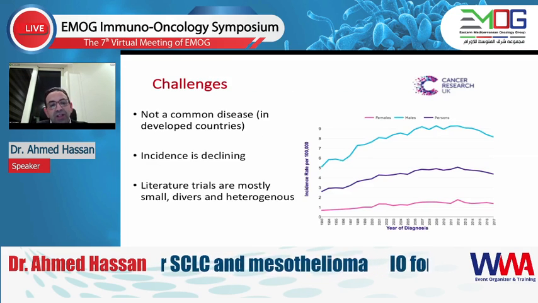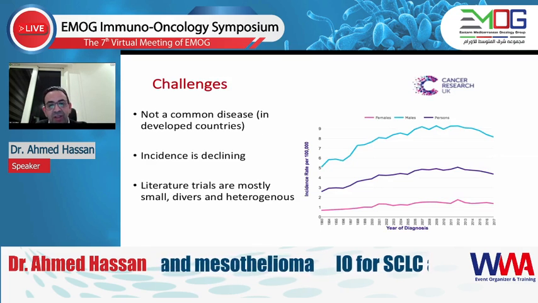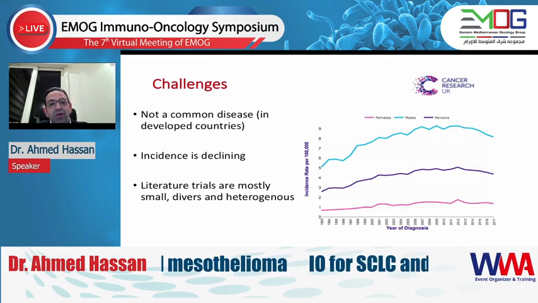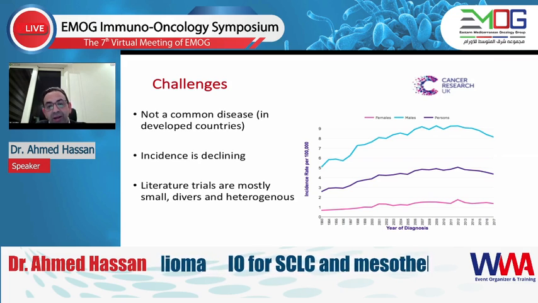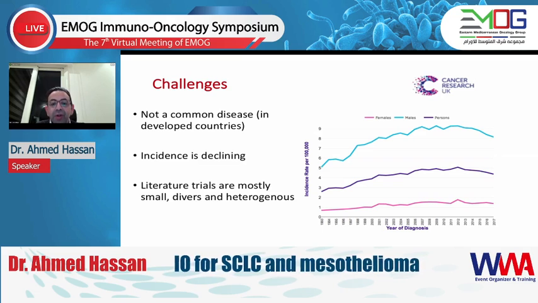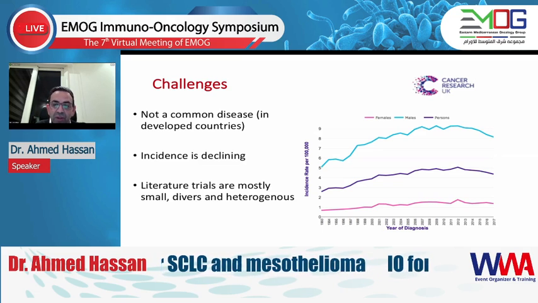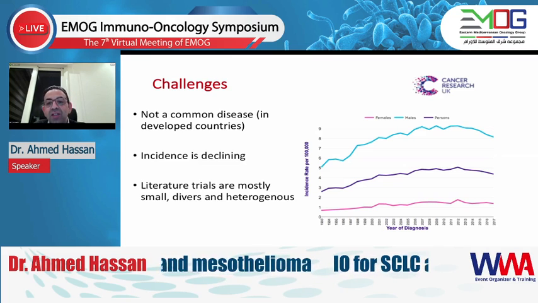And it's not surprising why we have limited information or limited interest in this disease, because it's a disease of the poor countries, because in the developed countries, the rates of mesothelioma are declining quickly. So here in the UK, for example, the incidence was rising from the 60s when they were using asbestos until it reached a peak in 2010, and then it started declining quickly.